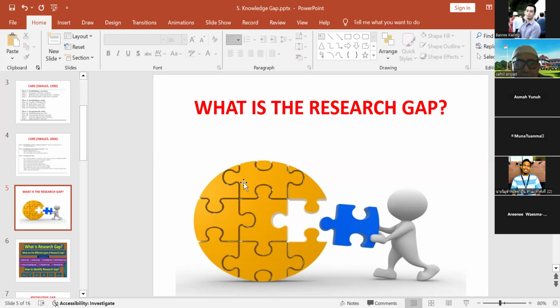Something is left, something missing from the yellow one, and then the blue one, our study, will fill in the gaps, and then the information will be completed. So just one area, one aspect, one component of the information is missing, and that is the rationale for our study, and we have to find it.